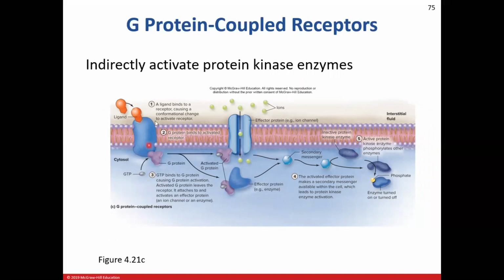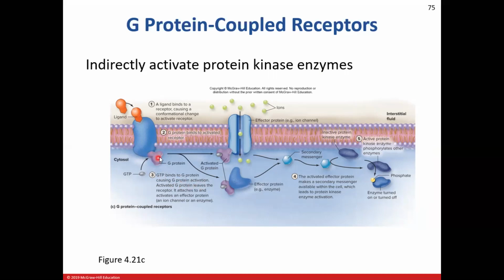So here you'll see we have the protein, we have the ligand come in, it binds to the receptor, it causes this shape change. And what this does then is it binds to and activates this particular G protein, okay? And you'll see down here, GTP binds to the G protein, causing G protein activation.